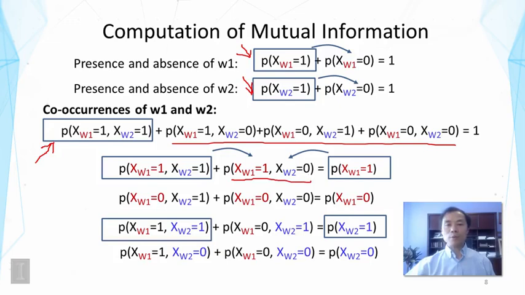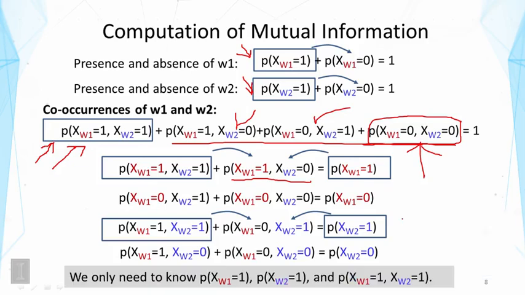Because we know these probabilities in the boxes. And similarly, using this equation, we can compute the probability that we observe only the second word. Right? And then finally, this probability can be calculated by using this equation, because now this is known, and this is also known, and this is already known. So this can be easily calculated.